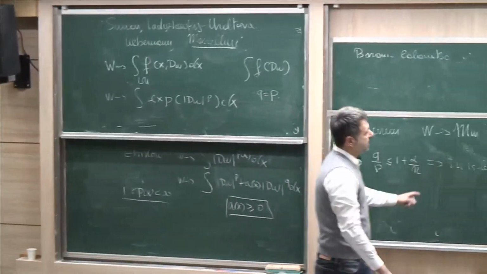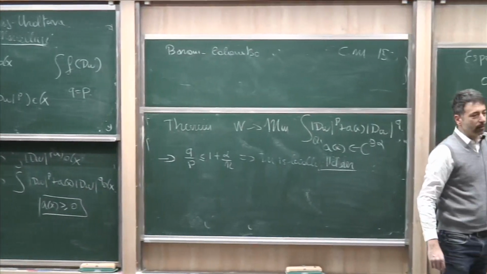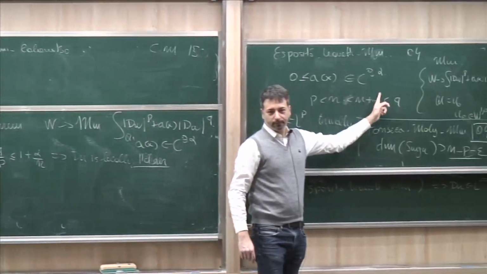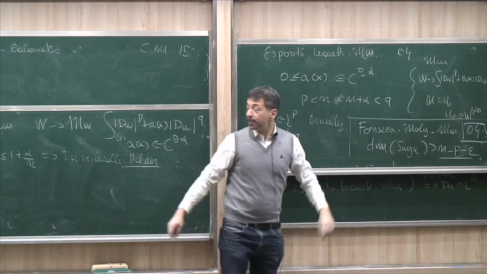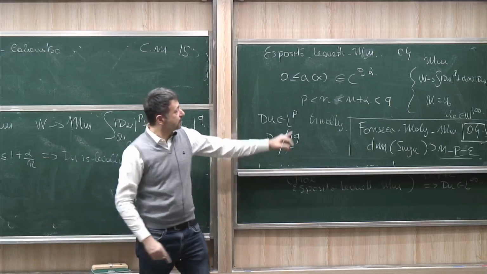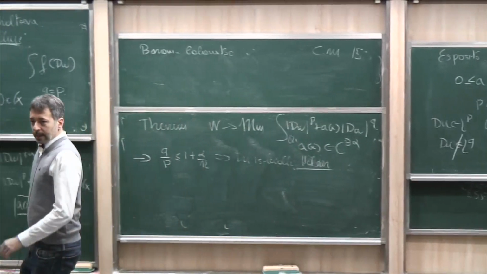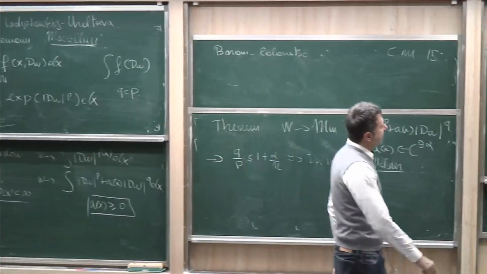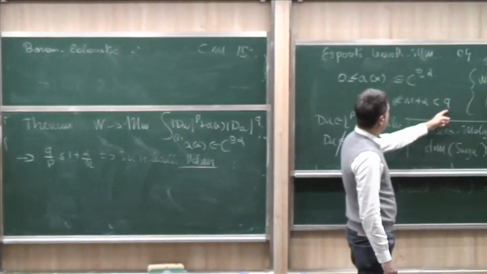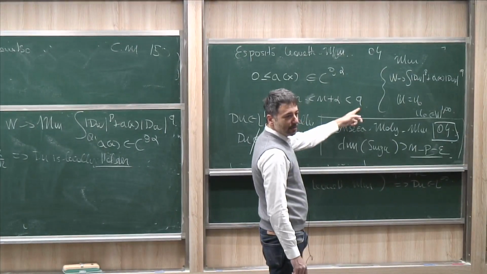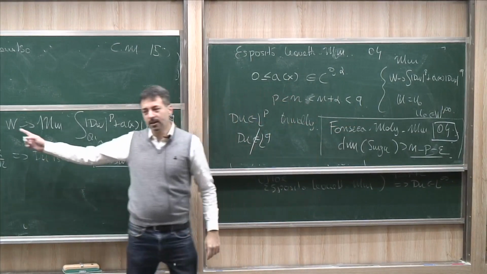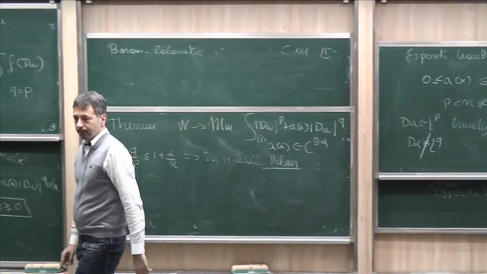Observe that this is exactly the situation ruled out by the counterexample. So the bound is sharp, because otherwise you use the counterexample to see that the bound is sharp.